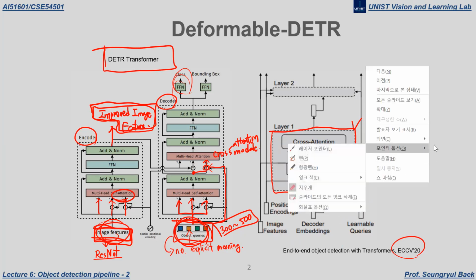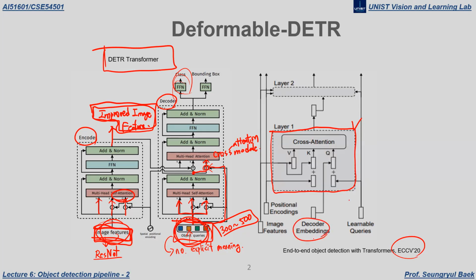And we denote decoder embeddings as the output of the self-attention module of the decoder. So this is called decoder embeddings. And the object queries are sometimes called learnable queries. And they are added to these embeddings to be the query for the cross-attention module.